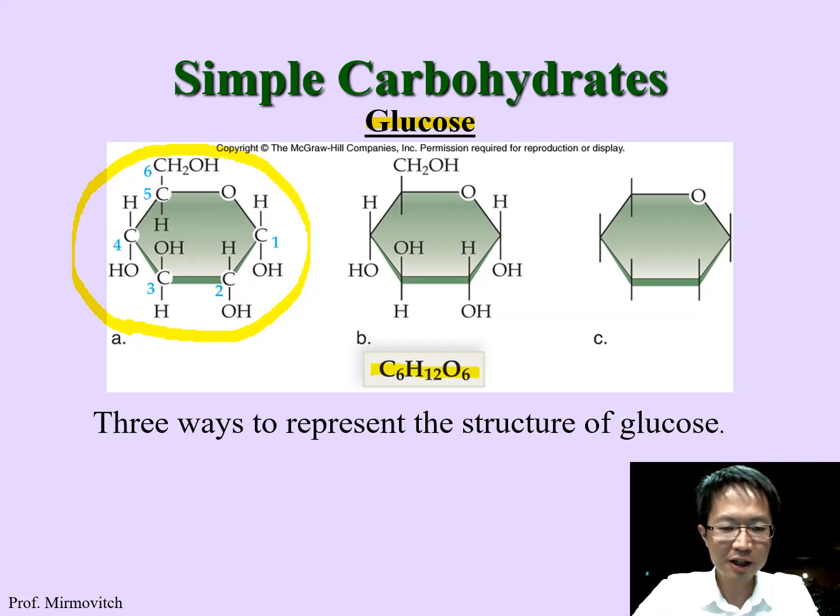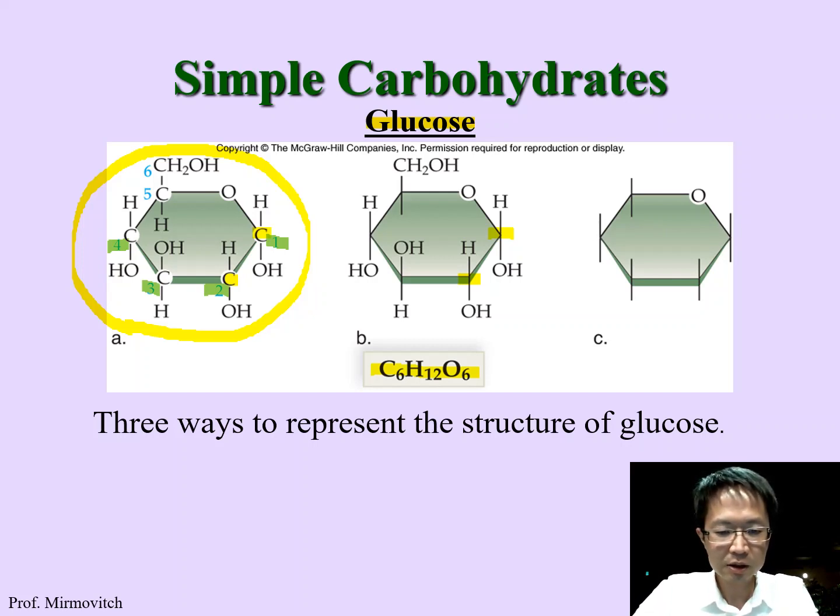We usually omit the carbon atoms so that when we draw it out, we don't see any carbon here. And also we like to number the carbon atoms. So this is carbon 1, carbon 2, carbon 3, carbon 4, so on and so forth. We number the carbons so that people will know which carbon atom we're talking about.